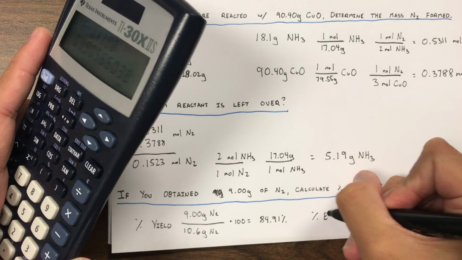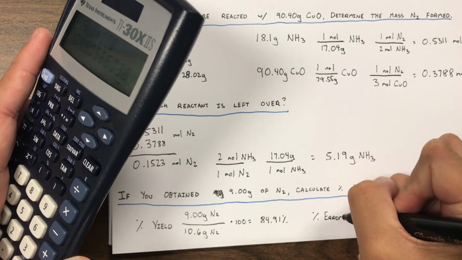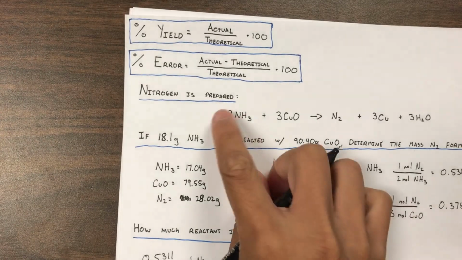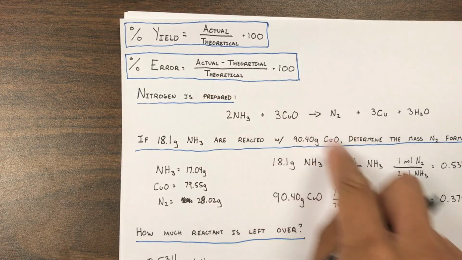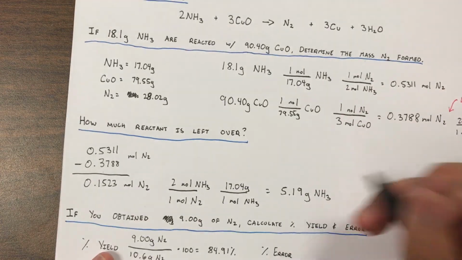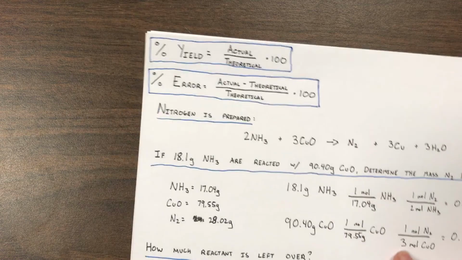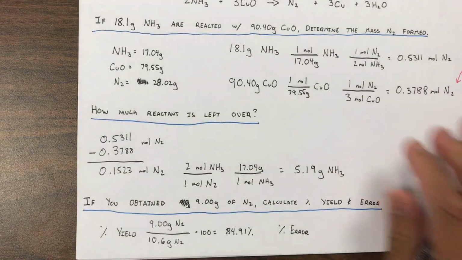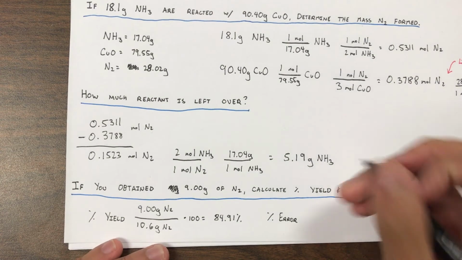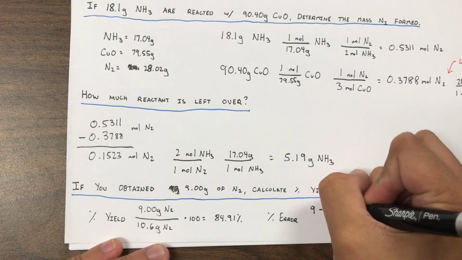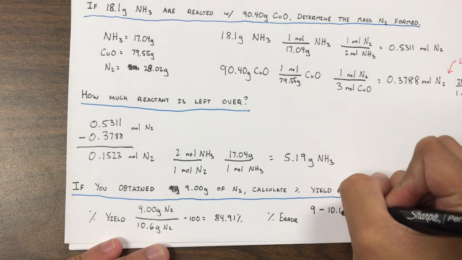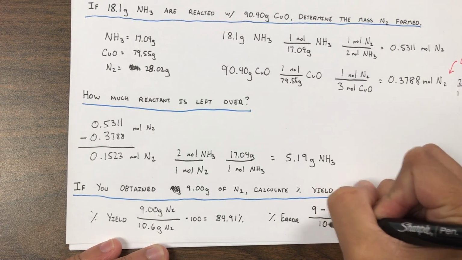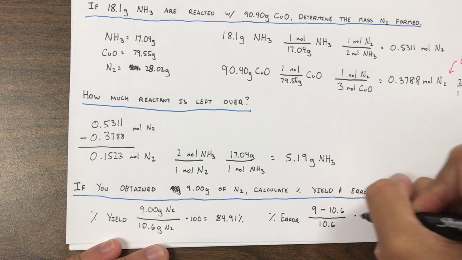Let's do our percent error. Percent error is actual minus theoretical over theoretical times 100. And I forgot to add this in. This is going to be absolute value. So we have 9 minus 10.6 over 10.6 times 100.